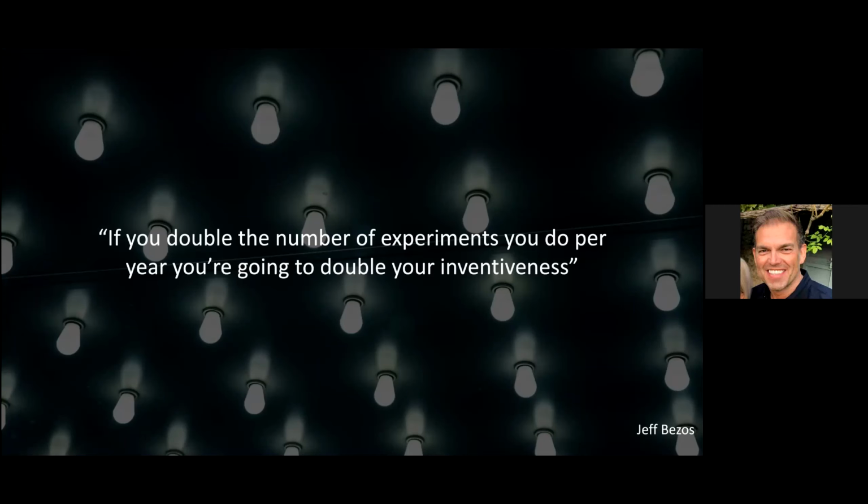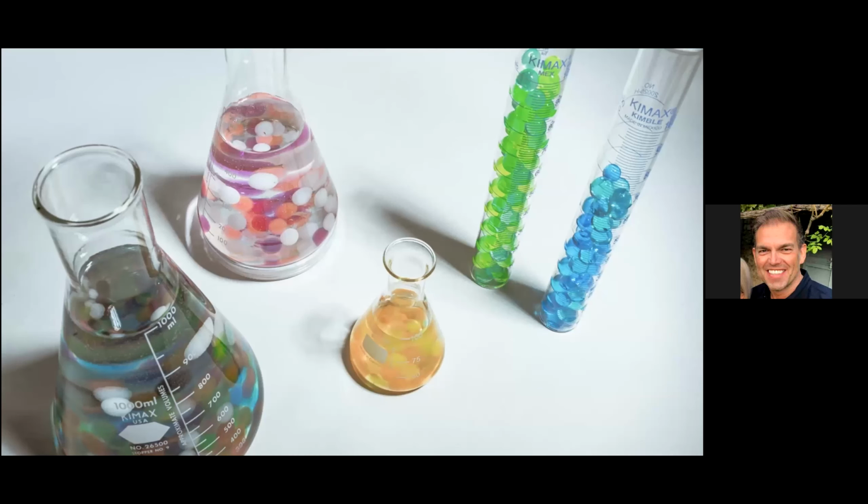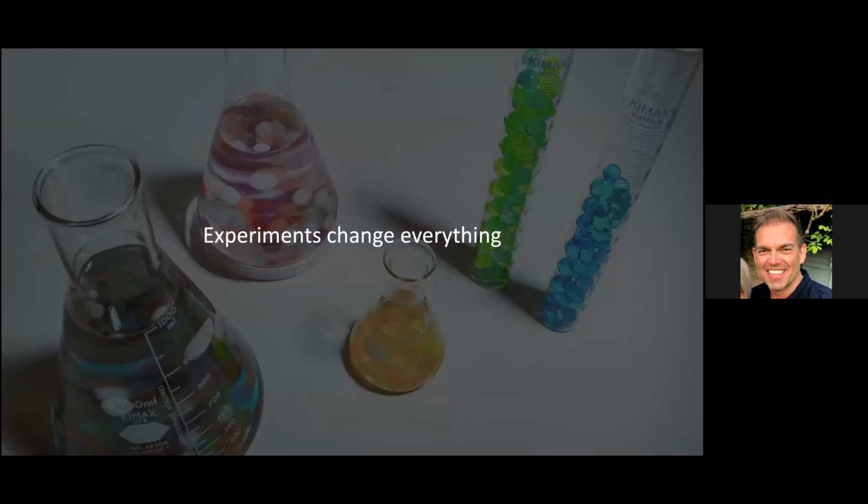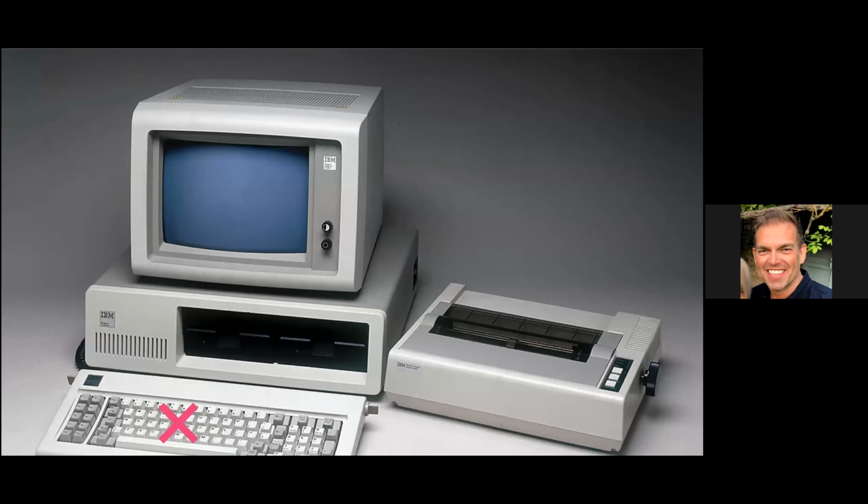Collecting data informs a first principles approach as a foundation for innovation process, something that Elon Musk talks a lot about. But really, we're going to talk about experiments and do a workshop about experiments today, because experiments have the power to change everything, change the way we work, change the way that we learn.